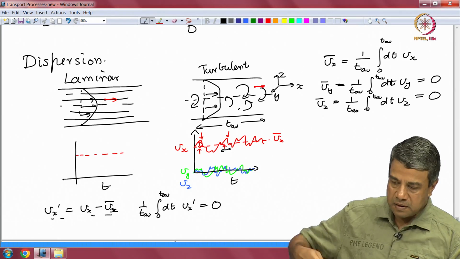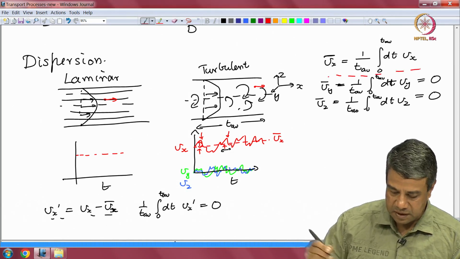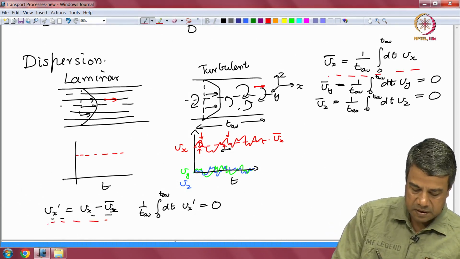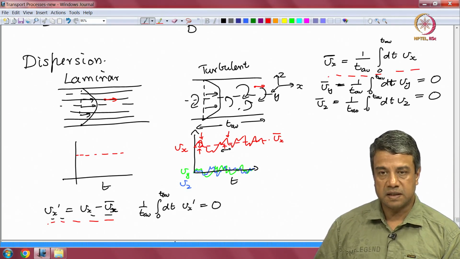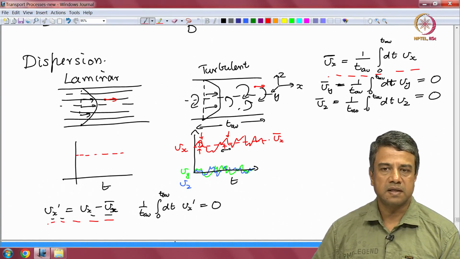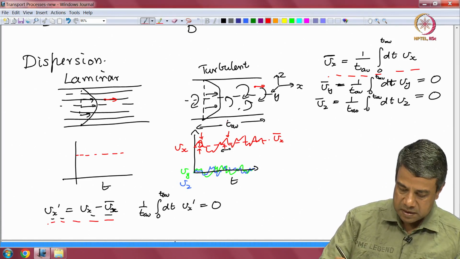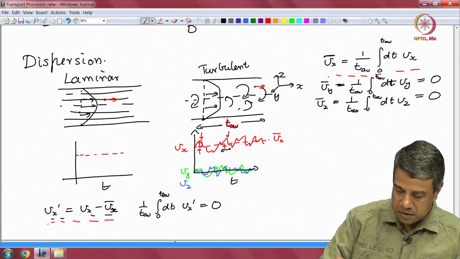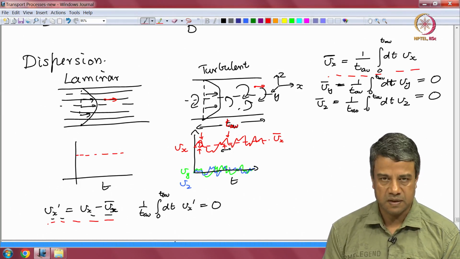So, we had separated out the velocity into two parts. One is what is called the average velocity. For a statistically steady system, the average velocity is defined as a time average over a time period which is large compared to the time for variation of the velocity or the time for the fluctuations.